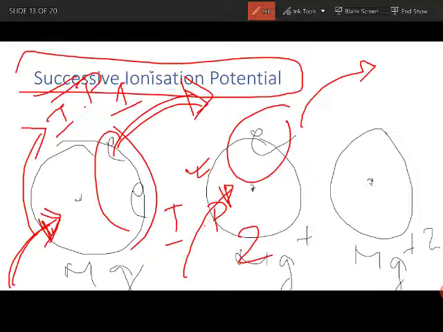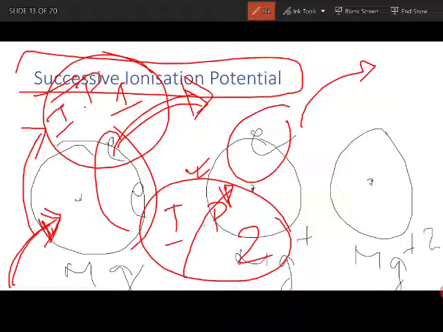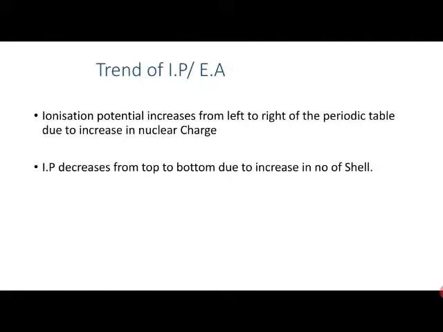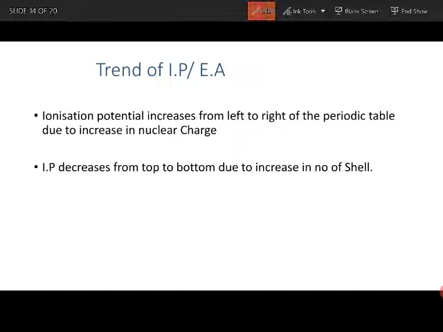Am I clear? So ionization potential number 1 and ionization potential number 2, these two energies are supplied one after another. That is why we call them the successive ionization potential. Clear?